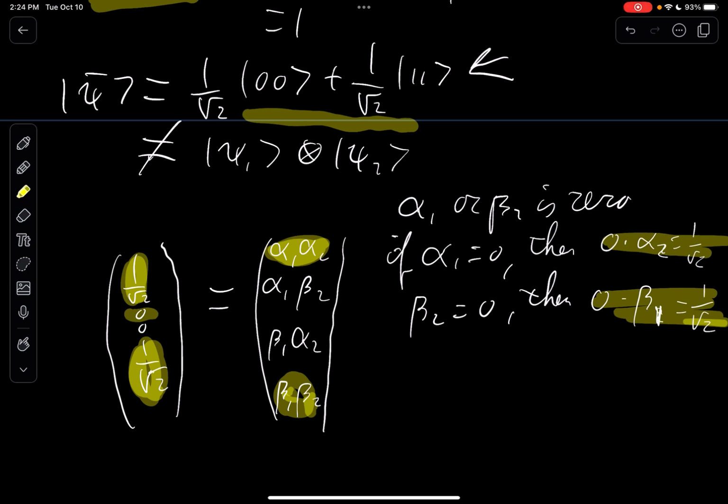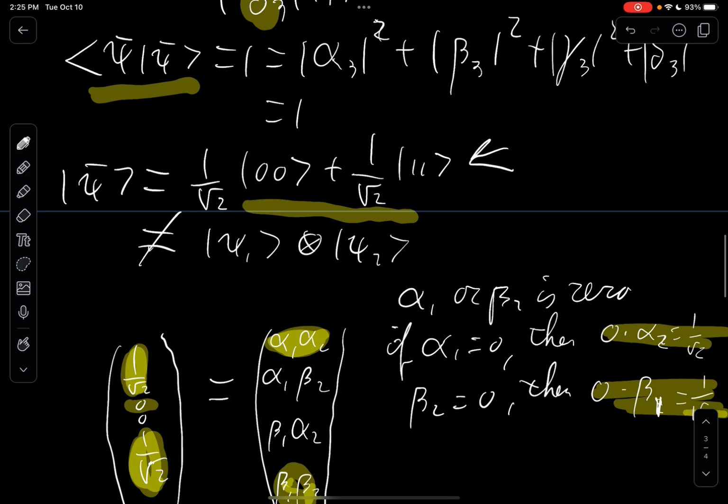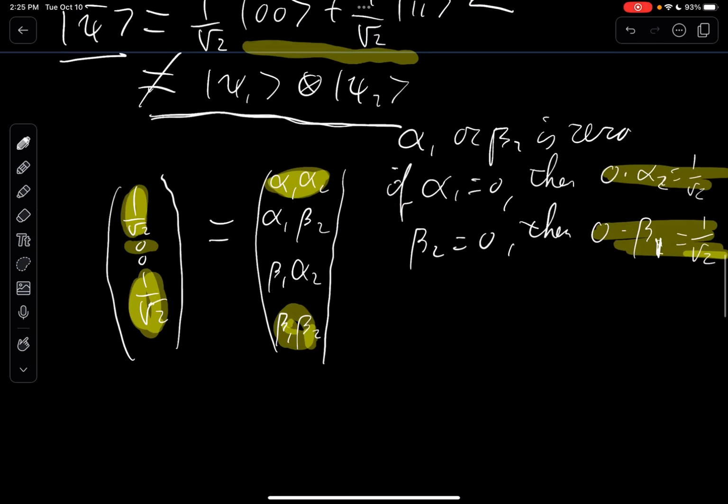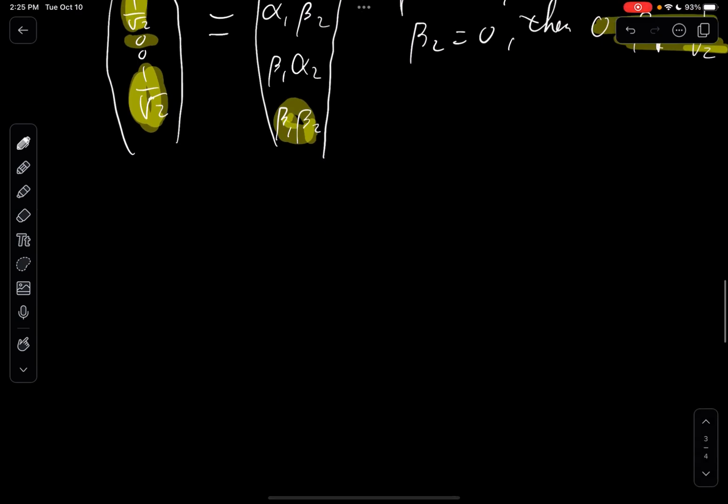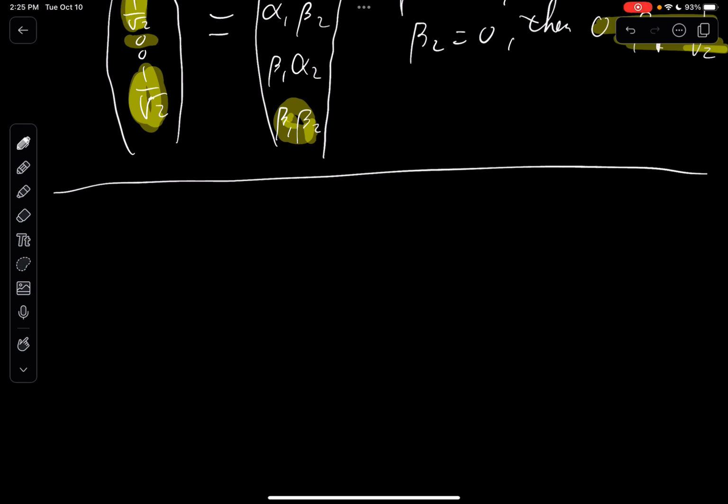So what does this mean? Well, it tells us that our state, psi bar, really cannot be written as a tensor product of two individual qubits. This is really the mathematical definition of entanglement. The state is entangled.